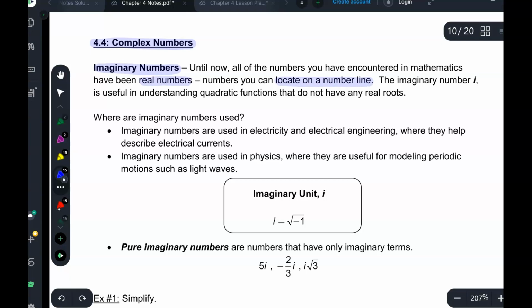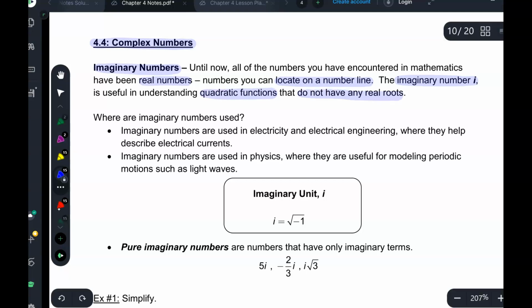So 1.5 is a real number, I can locate it on a number line. Even pi, approximately 3.14, we can find on a number line. However, we do have something called the imaginary number i, that is not located on a number line. That's useful when we're trying to understand quadratic functions that do not have any real roots.